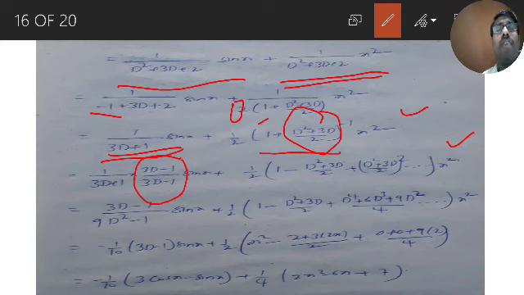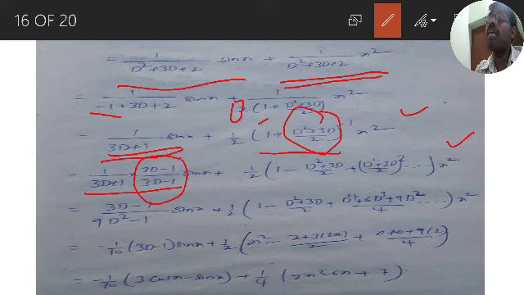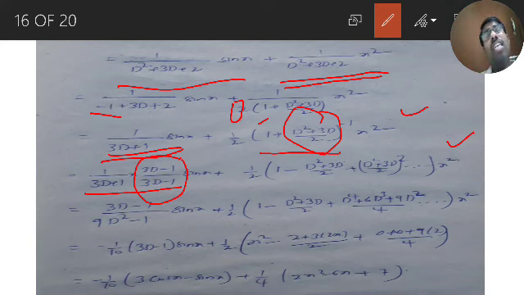Now (3D minus 1) by what you have: (3D minus 1) into (3D plus 1), that is (a minus b) into (a plus b), that is a square minus b square. So (3D) whole square is 9D square minus 1.